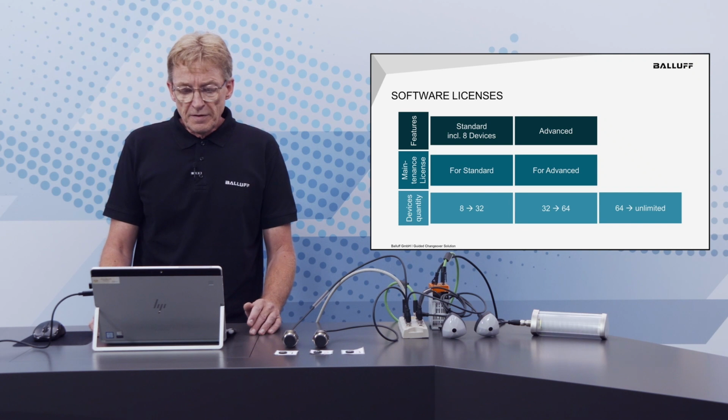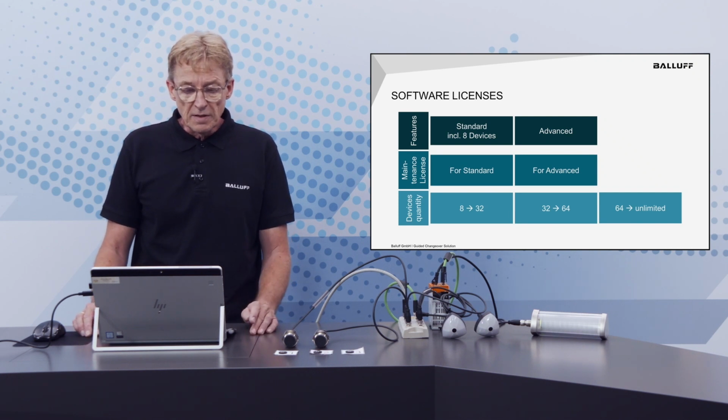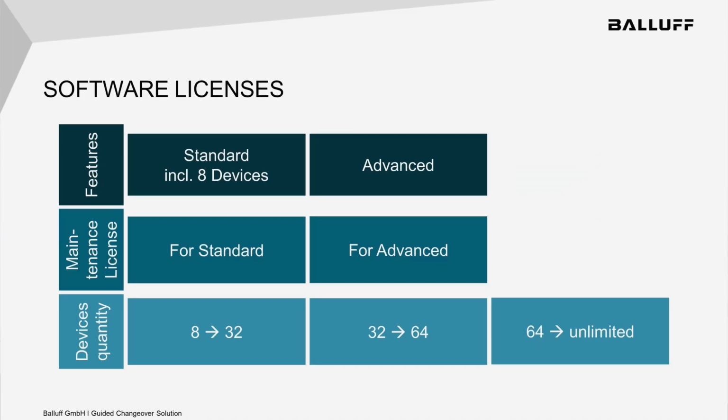The license activation looks like this. We have different licenses based on the features, which is the basic version including 8 devices and an advanced version with more functionalities and functions. We have a maintenance license for the basic and for the advanced version if you want to have automated update versions or updates about new functionalities and so on.